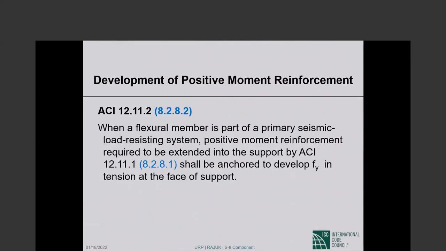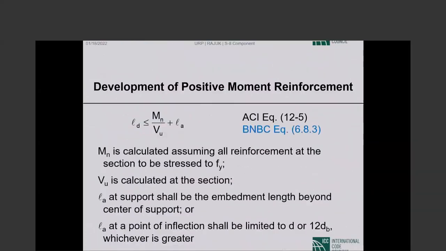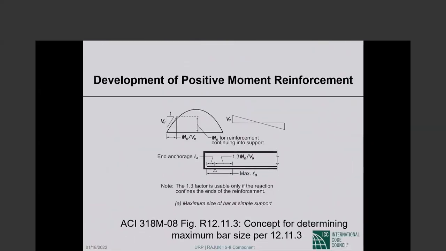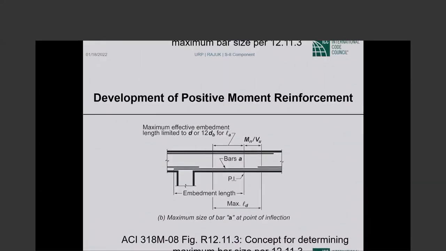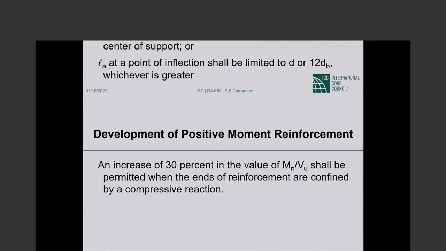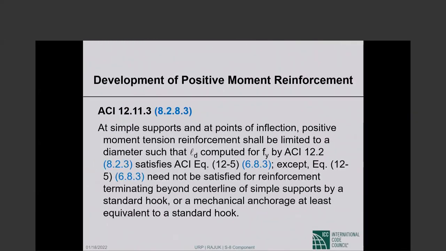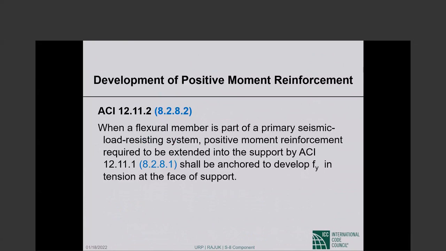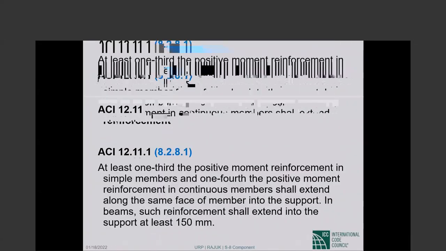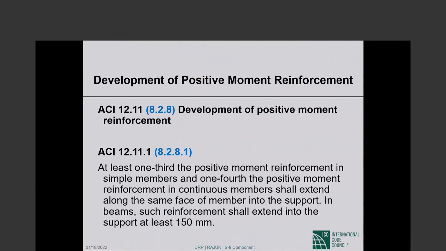So if it is gravity design, I have a picture somewhere, I think. No. Anyway, so at least a third of the positive moment reinforcement in simple members, at least a quarter positive reinforcement in continuous members shall extend along the same face of member into the support.